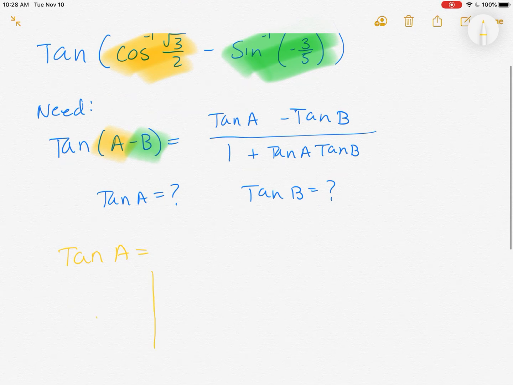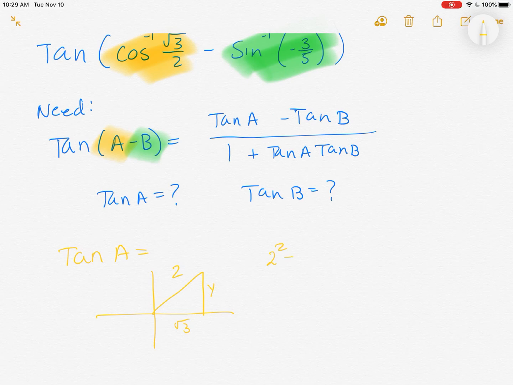What I do know is that a is a first quadrant angle because cosine inverse of a positive number would end up in the first quadrant. I know its adjacent side is root 3 and its hypotenuse is 2. I just need to figure out that y height because tangent's opposite over adjacent. So let's go figure out that other side.